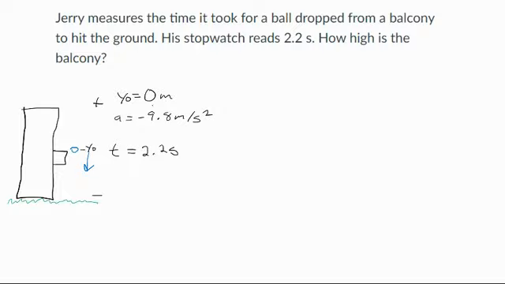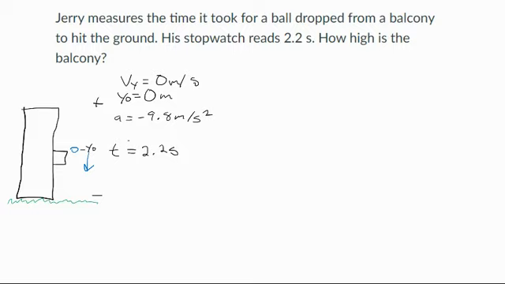Now, if I make that 0, that means my answer will be negative, and the negative is the direction of the displacement. So they're probably just going to want the positive, so it doesn't matter. What about the velocity the instant he lets go? 0. So my initial velocity, and this will be in the y direction, will be 0 meters per second.